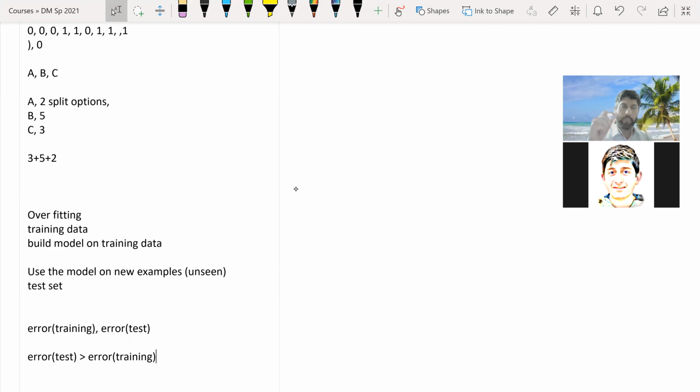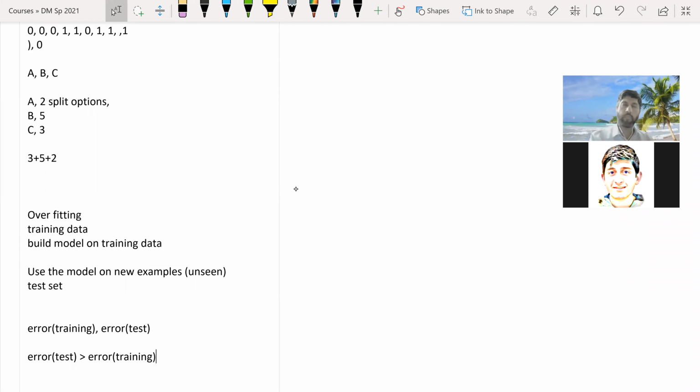If this phenomenon occurs, then we say that we have overfitted the training data, and this is generally not desirable in classification or in machine learning. Why? Because the whole idea behind machine learning is we want to build a model from a sample, but once the model has been learned or built, it should work well on other examples for prediction. In this particular case, it did not work well.